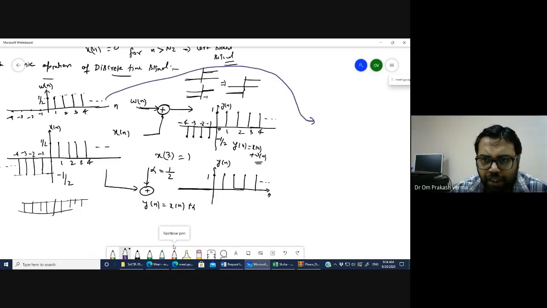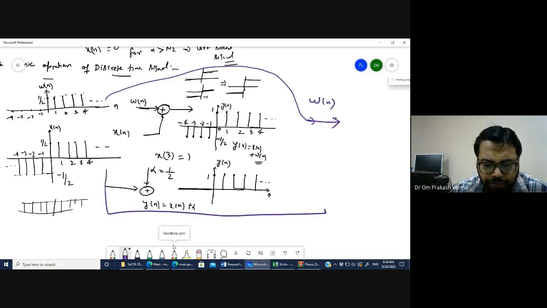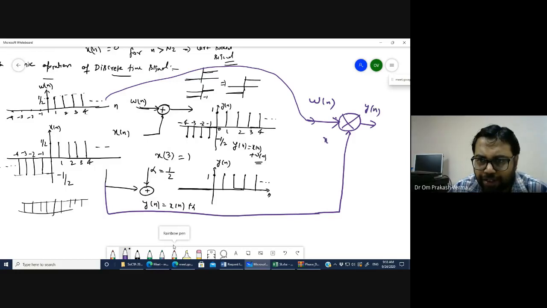Let's say w[n] is coming from this side, and this x[n] is coming, and going into the multiplication block. Then what will we get? Let's say this is y[n], so x[n] multiplied by w[n].